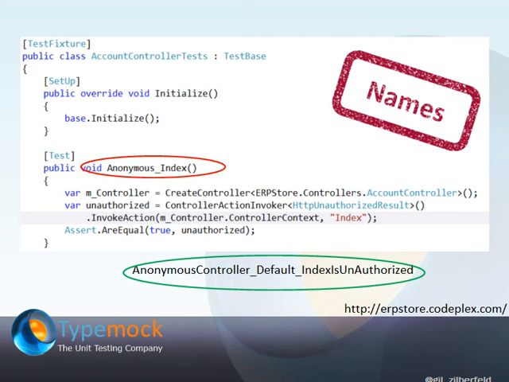So again, without knowing what it actually does, I created a new name: anonymous control default index is unauthorized. Basically, that's from reading the test code, not something else.